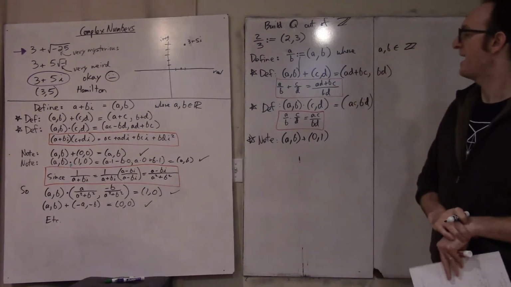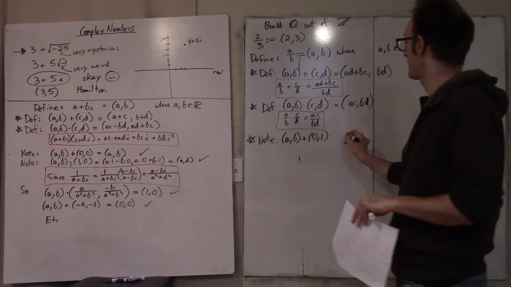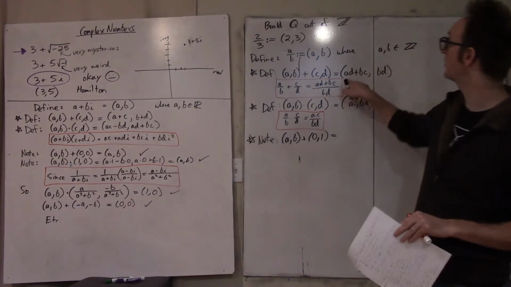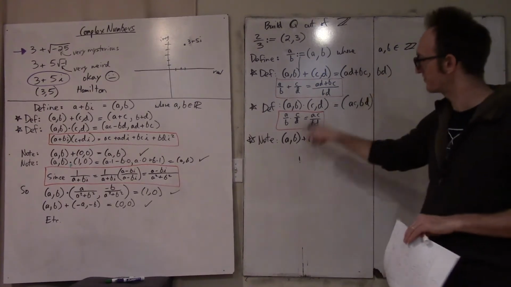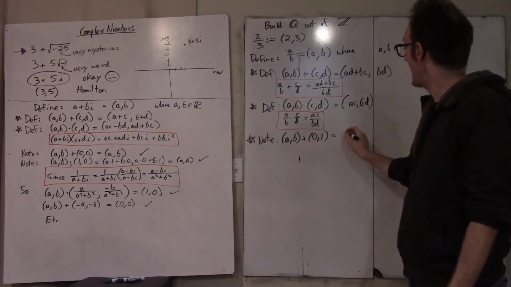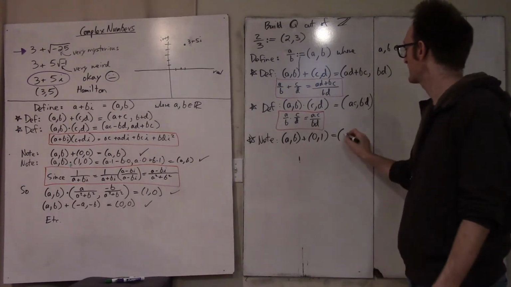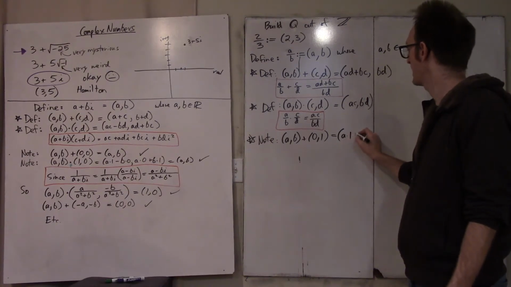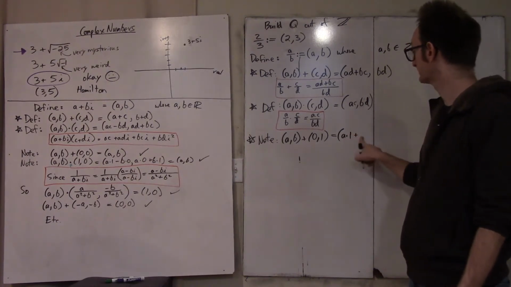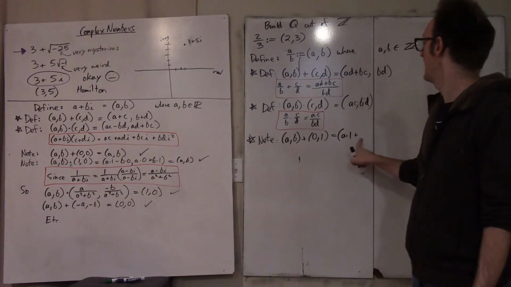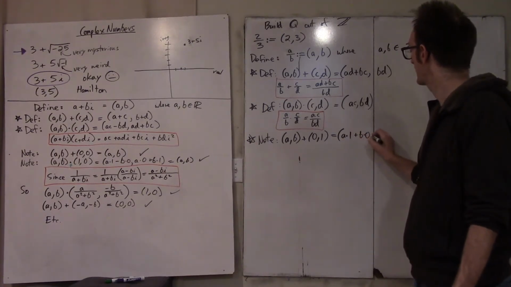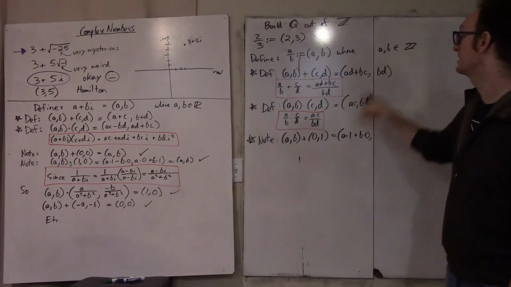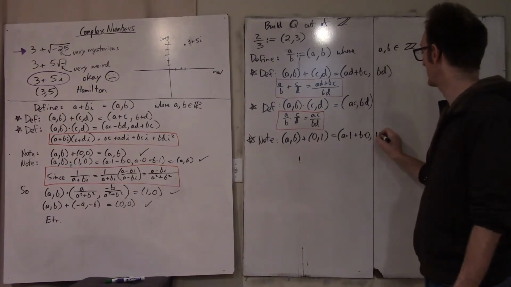If I just mindlessly follow the rules given above for how to add ordered pairs of integers, what do I get? (a·1 + b·0, b·1).